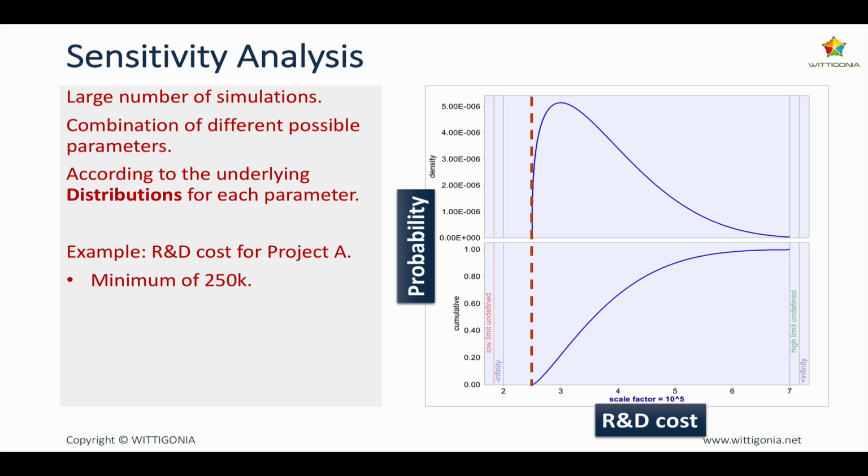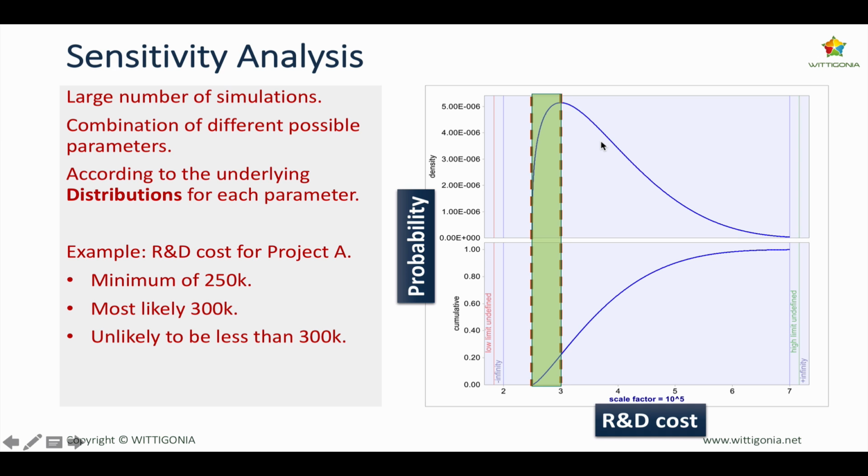Well, we said we have a minimum cost of 250K. So that's the absolute bare minimum that we have to invest in this project. But we think it's more likely to be around 300K. So there you see that's the most likely value. So there's the highest probability on our probability distribution curve here.